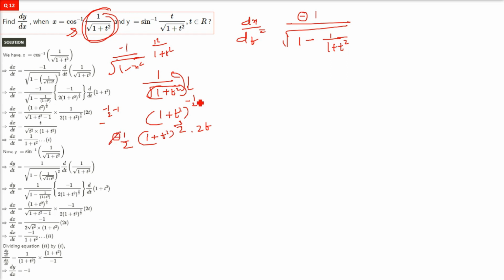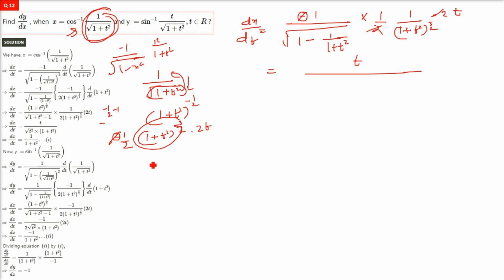So I am now cancelling. Minus minus gets cancelled. Minus minus is plus actually. So this is half. 1 plus t square to the power 3 by 2 will be in the denominator because it is 1 plus t square to the power minus 3 by 2. When it goes to the denominator, it will be 3 by 2. And into 2t, 2 gets cancelled. So you will get only t divided by 1 plus t square to the power 3 by 2.